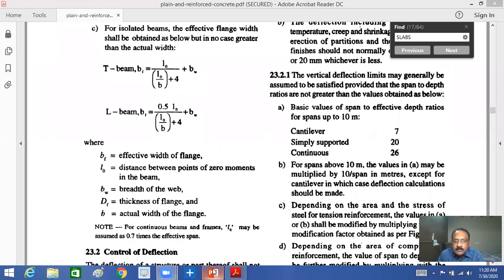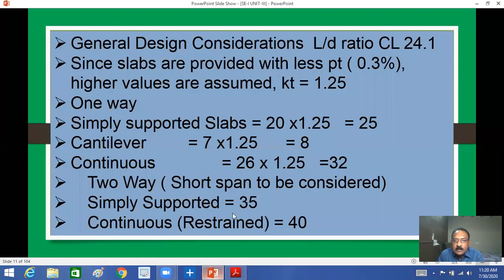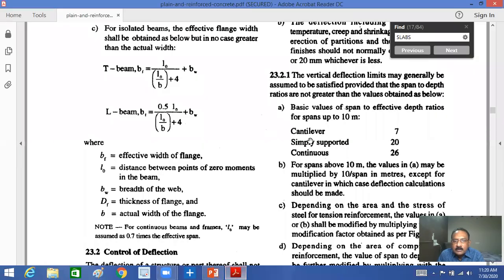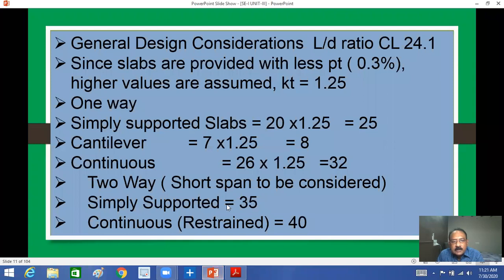Here are the same values: cantilever 7, simply supported 20 and continuous 26. For spans above 10 meters, there are some conditions. In that way we have to calculate according to our IS 456. Similarly, for continuous slabs, here 26, and the KT value is 1.2.